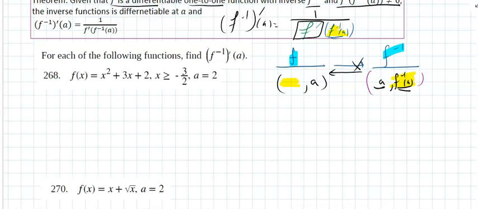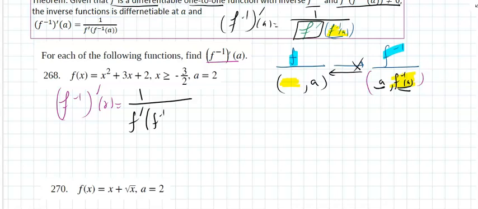So here it says find the derivative of the inverse at 2. According to the theorem up there, that's 1 over the derivative of f. So let me work from the inside out. Let me figure out what this equals. According to what I put up there, we're trying to find the inverse.